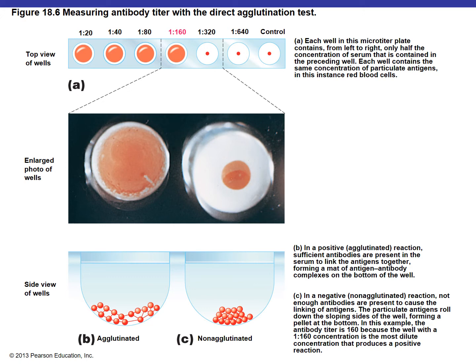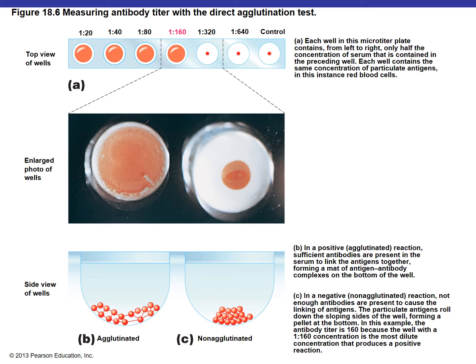So you can see how the lowest dilution, 1 to 20, would be the highest concentration of antibody. You've got a good concentration of antibody at 1 to 20. It's still good at 1 to 40, still good at 1 to 80, 1 to 160. But when you go to 1 to 320, you don't have enough antibody to agglutinate the red blood cells.